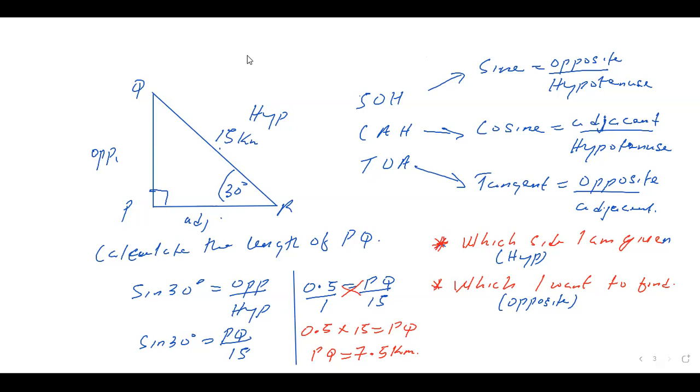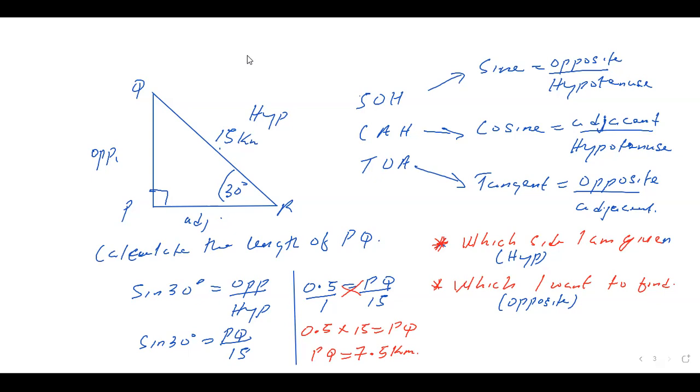First I label the sides: hypotenuse, opposite, and adjacent. Then I find which side I was given and the side that I want to find. And I look at the three different ratios and see which one fits perfectly.